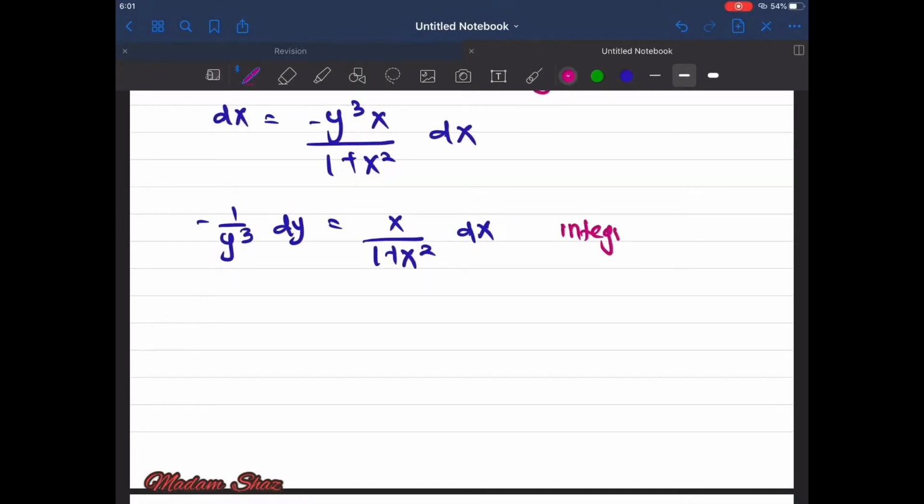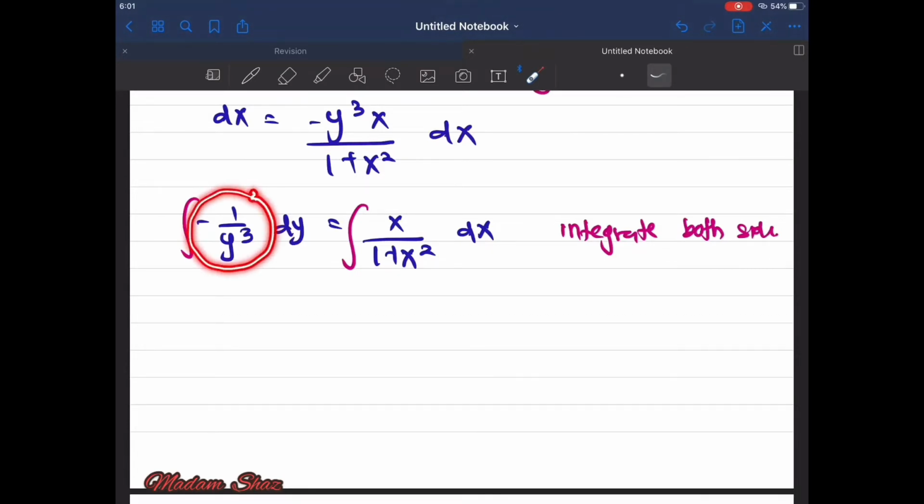Now you have to integrate both sides. You have to determine what method to apply in order to integrate negative 1 over y to the power of 3. If you have only one variable that is not multiplied or divided with anything, you integrate by using direct integration.